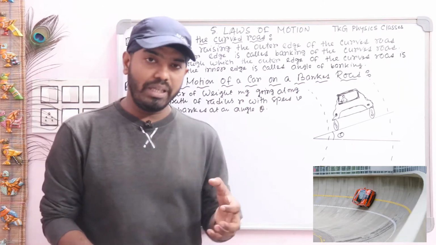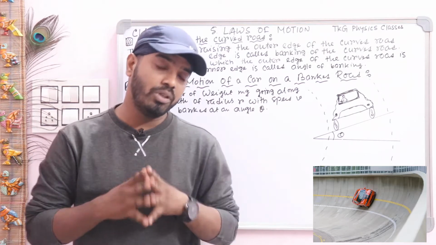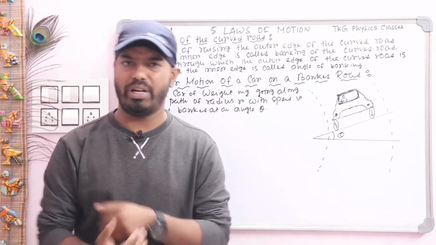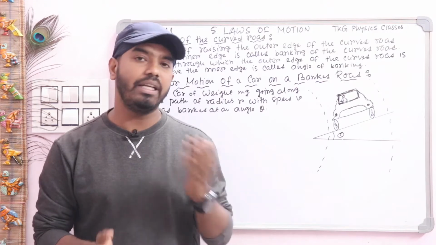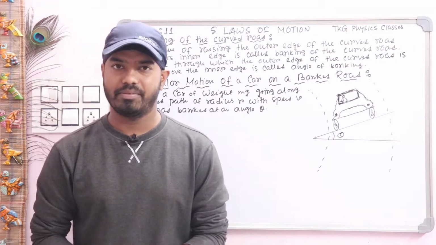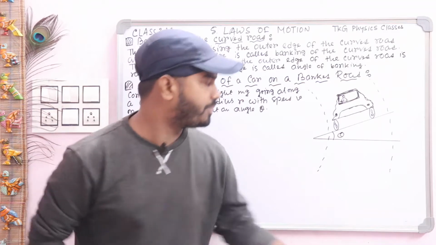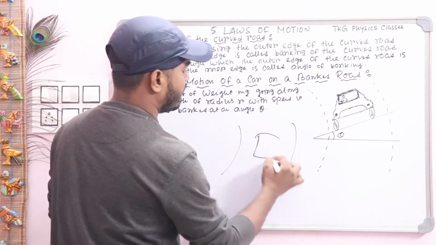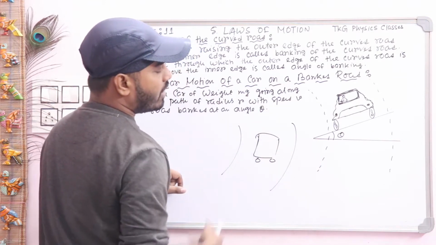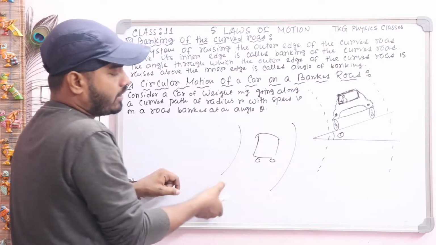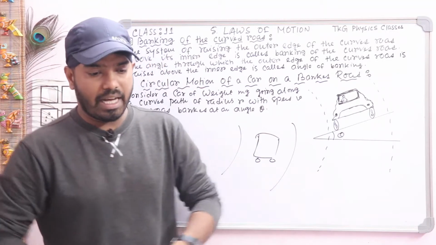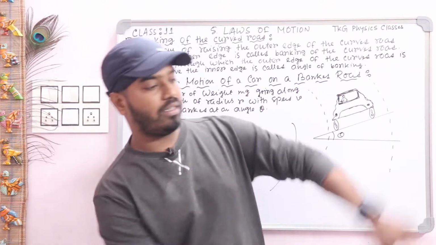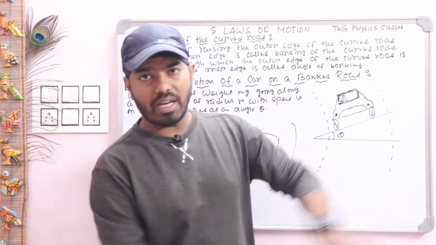For knowing this part, at first you have to know the basic mechanism of turning of a car on a level road, which we already completed in the last lecture. What is the basic mechanism? When a car takes a turning on a curved road, at the turning point you feel that you are going outward through the circle.